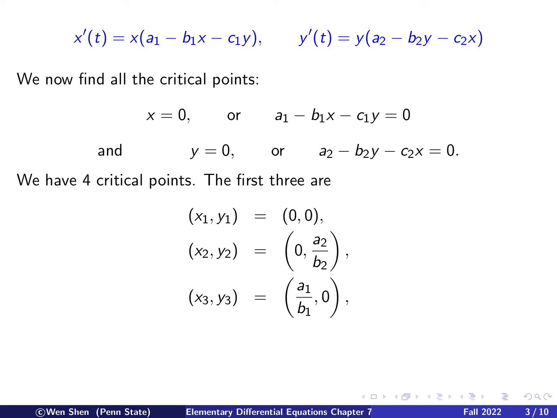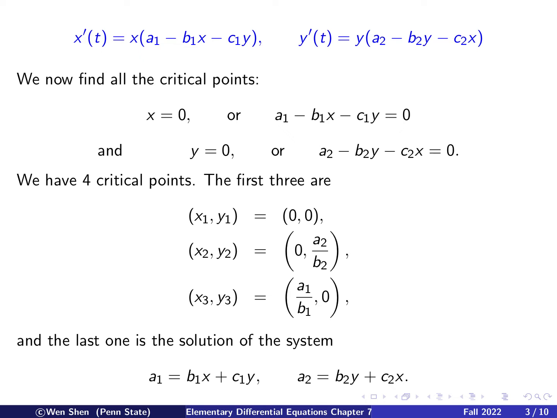The first one will be take this one with this one, then we get (0, 0). And the second would be take this one combined with this, which will give us y equal to a2 over b2. And the third one will be taking this one and that one, then we have y is 0, x is a1 over b1.